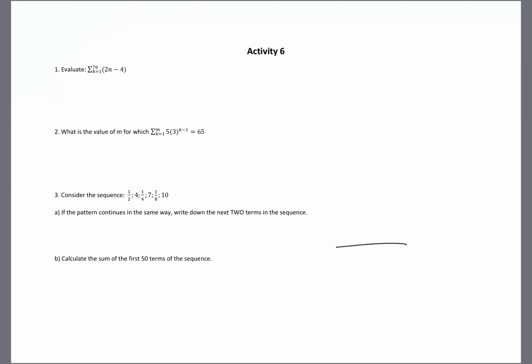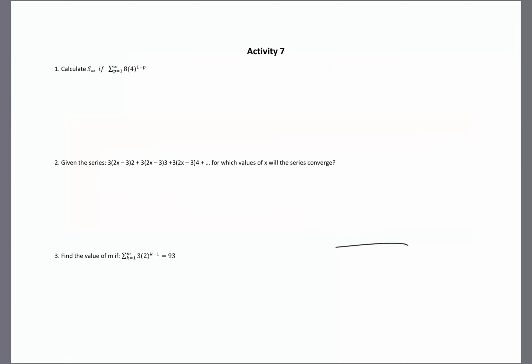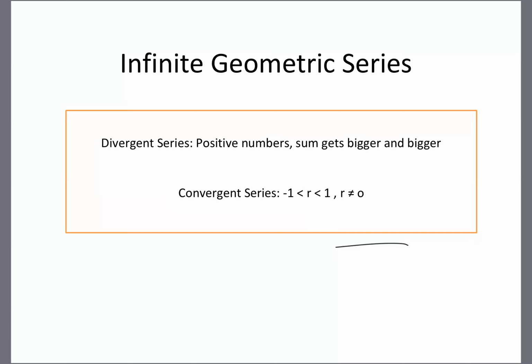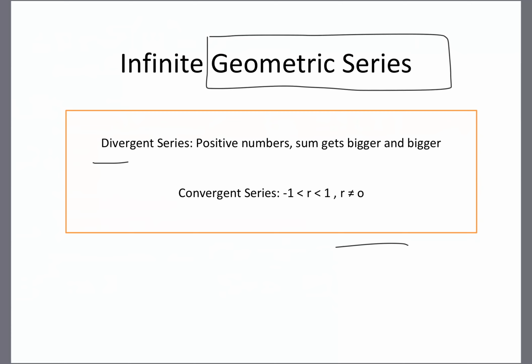Okay, I'm going to skip question 3 and just explain this last piece to you quickly. So whenever we're dealing with geometric sequence series, right? Yes, ma'am. A geometric series can either diverge or converge. Have you heard those two words? Yeah, I think I have.